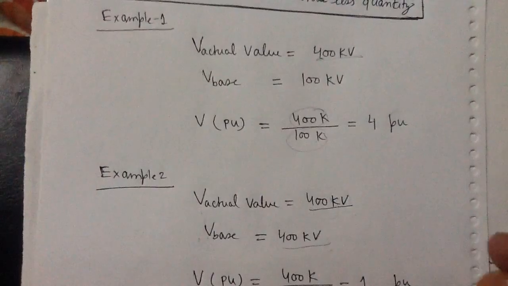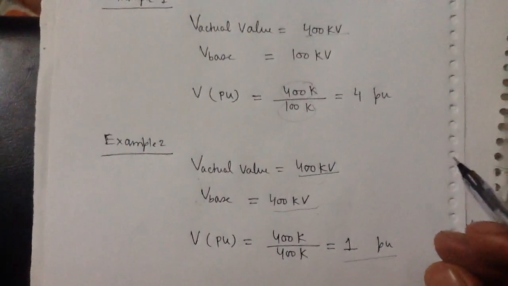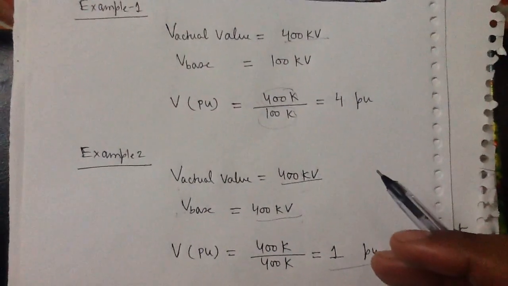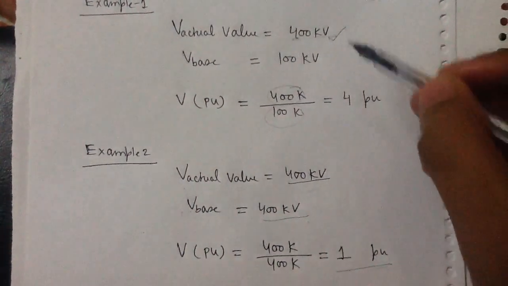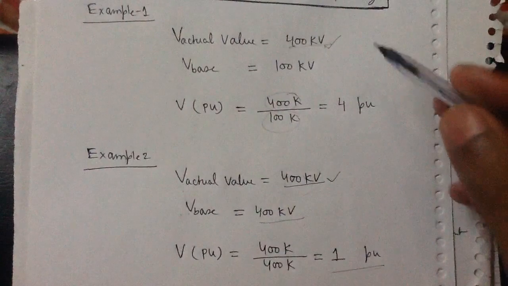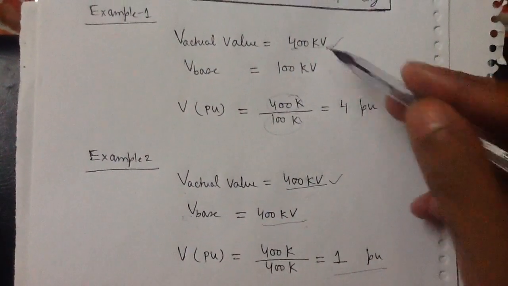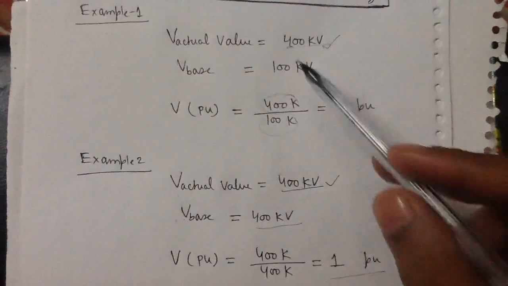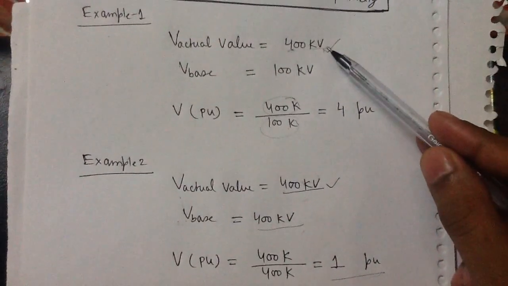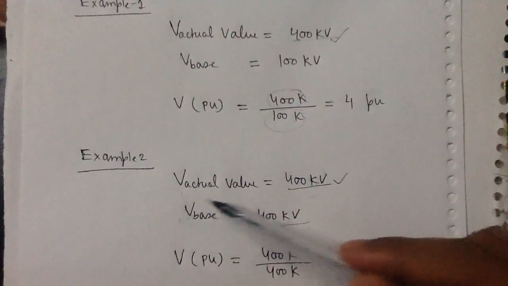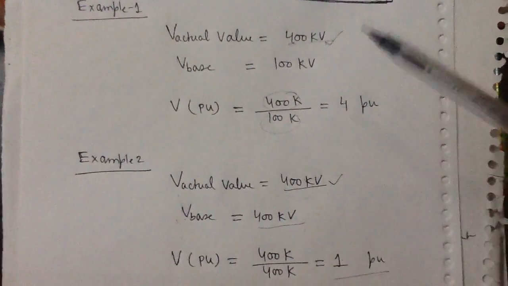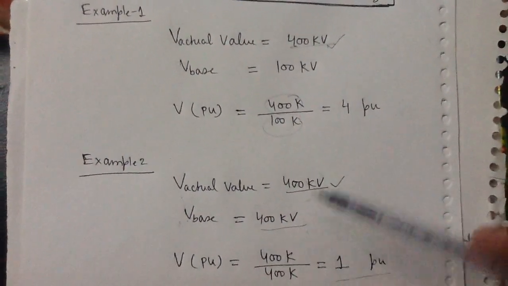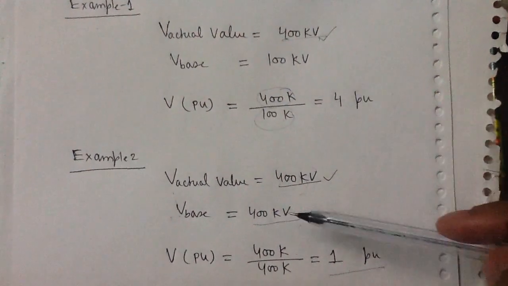Although example 1 and example 2 are very simple, one thing must be noted here: the actual value in example 1 and in example 2 is the same. The actual value is 400 kilovolt in both examples, but the base value is different.